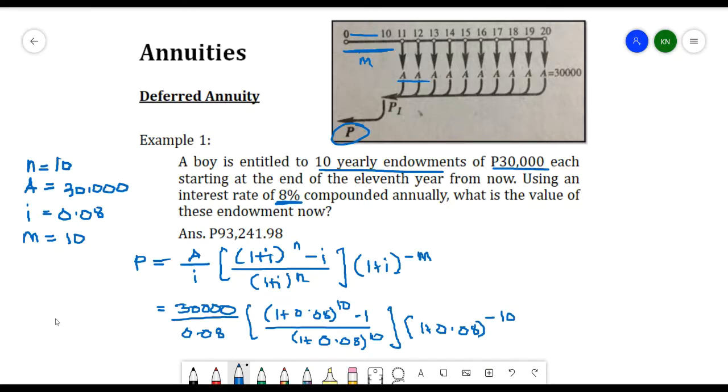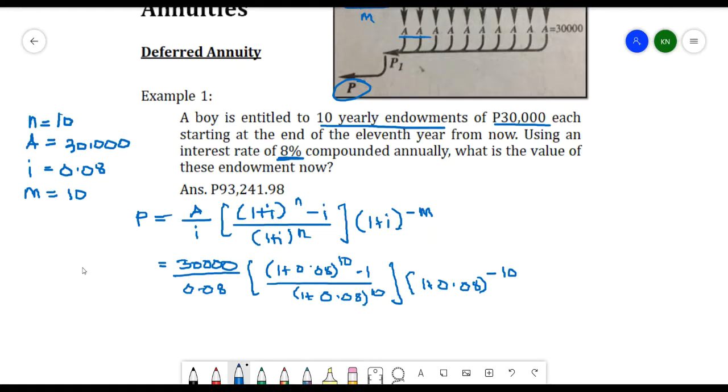If you calculate that, it is equivalent to 93,241.98. This is now our final answer, or the final present worth.